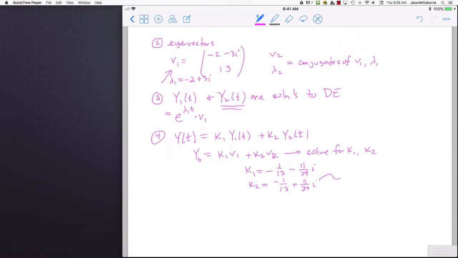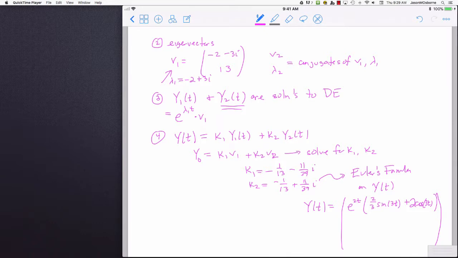Then you would have to use Euler's formula on y(t) to get rid of the complex values, which will lead you to y(t) equal to: the first entry is e to the negative 2t times (2/3 sine of 3t plus 2 cosine of 3t).